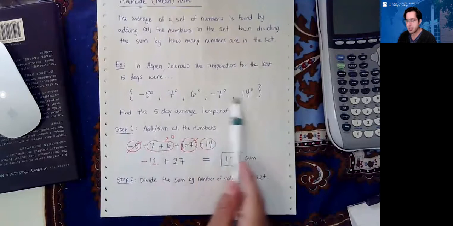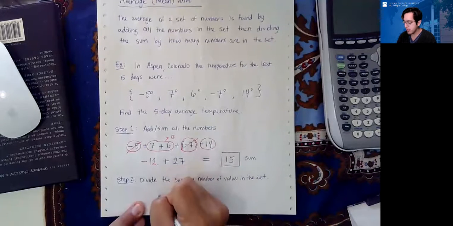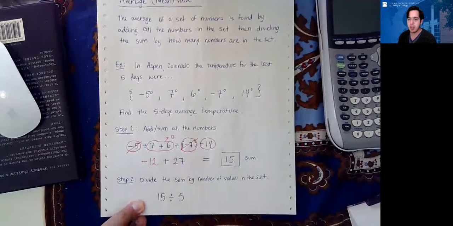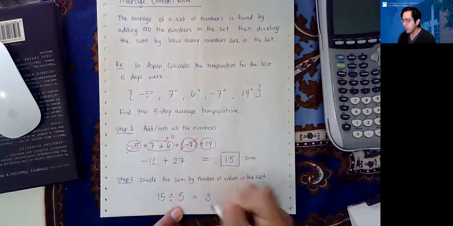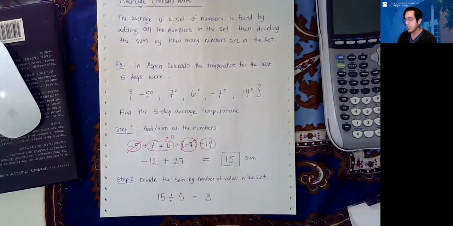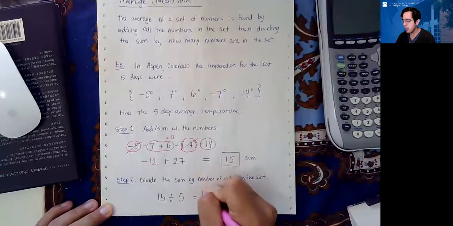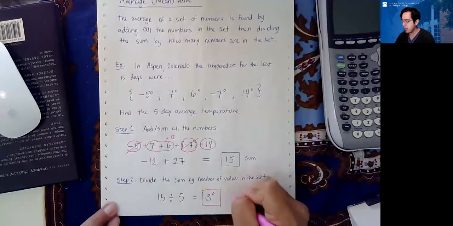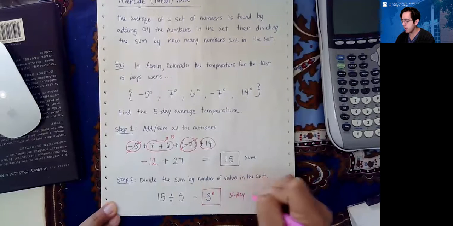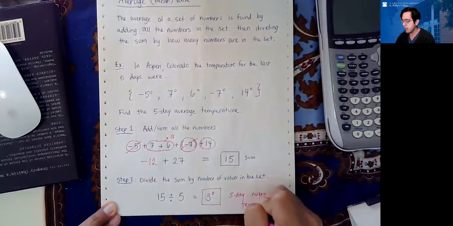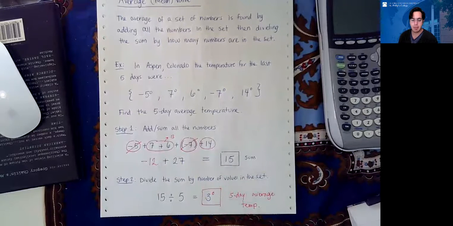Yeah, there's a set of 5 numbers here. So we need to do 15, our sum, divided by 5, which is the number of values we have, and that will give us 3. So to interpret this problem, the 5-day average temperature is 3 degrees. That's our 5-day average temperature. I'll just put temp.